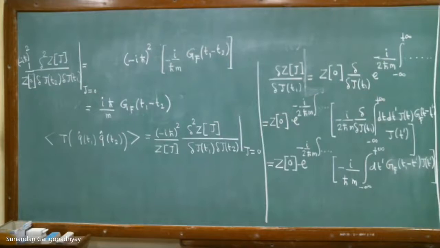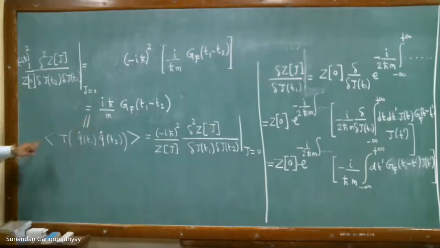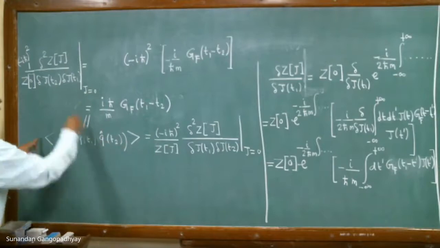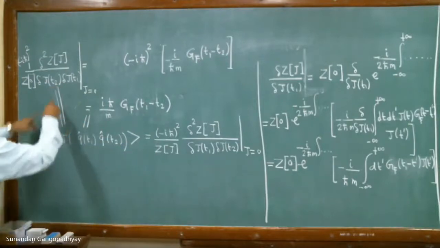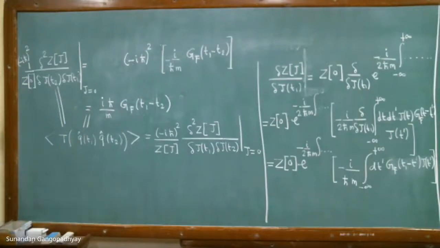And therefore this expression is equal to basically this, because by definition this is equal to this, and this is equal to this, therefore this is equal to this. Okay.